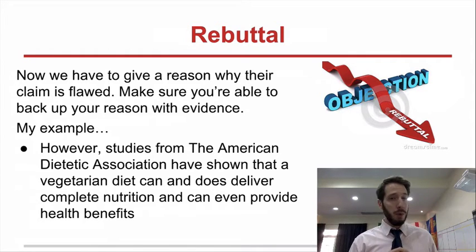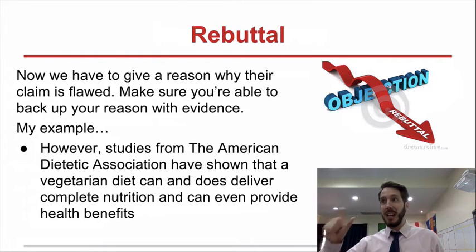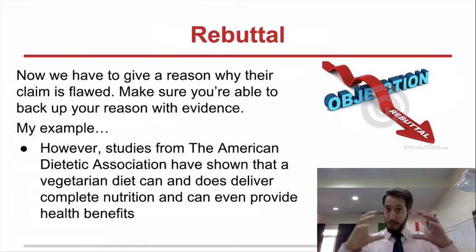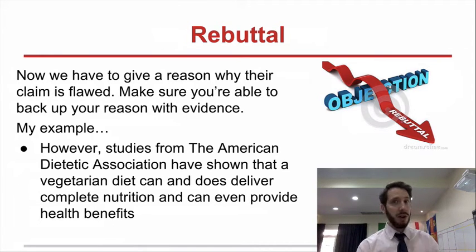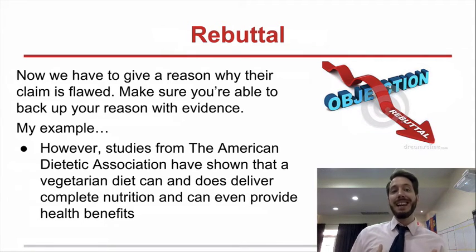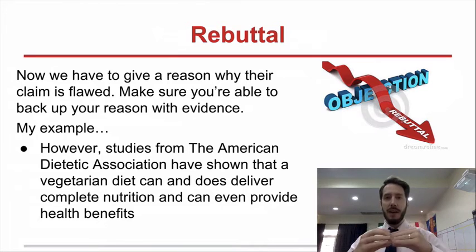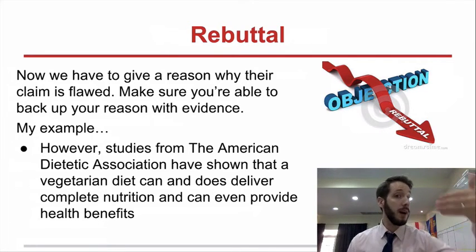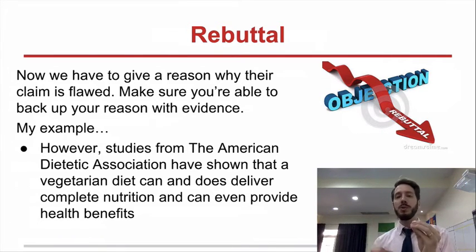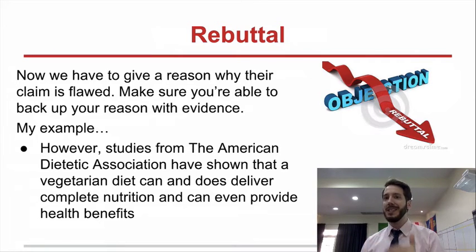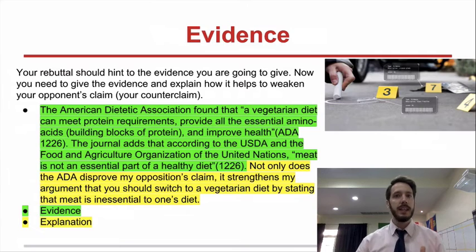Now, one thing that's really important there is that I introduced evidence that by its reputation is much stronger than meatisgood.org. I use the American Dietetic Association, which is going to be a stronger piece of evidence that will be able to overcome that counterclaim. So when you use a rebuttal, make sure you're using strong evidence to overcome it.